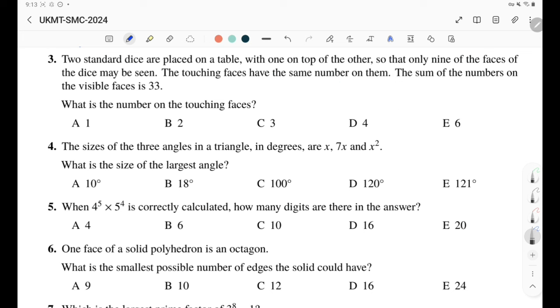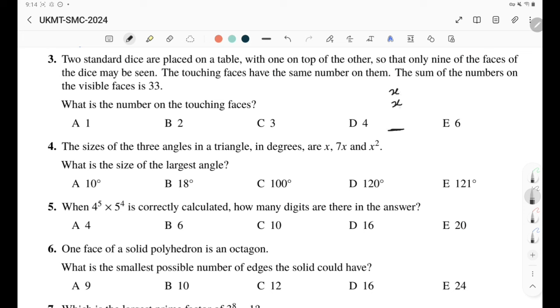Now they're telling us that the touching faces have the same number. They're telling us the sum of the numbers on the visible faces is 33, and we need to find the number on the touching faces. Let's say the number on the touching face is x, then the one also here is x.